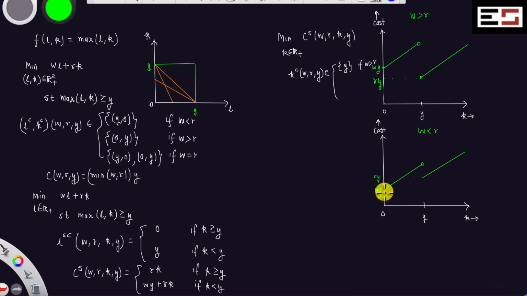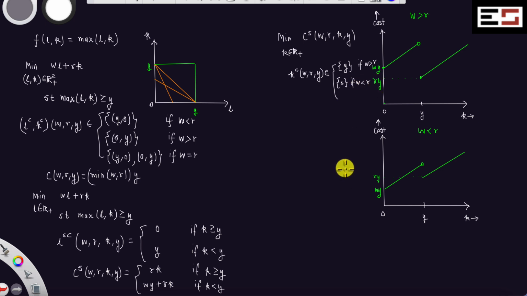In this case clearly this function takes the minimum value at k equal to 0. Okay, so let's just write that here. So it is 0 if w is less than r.